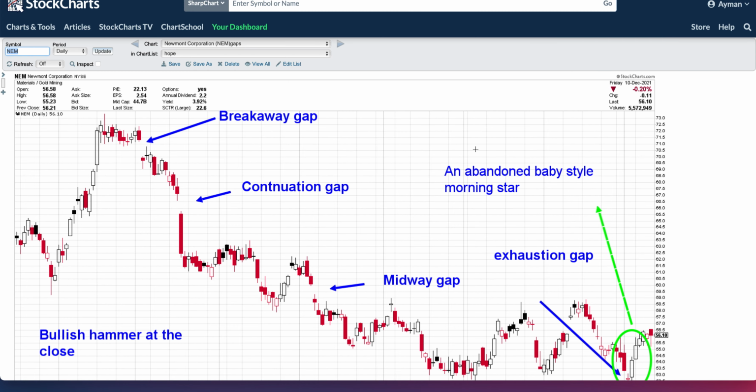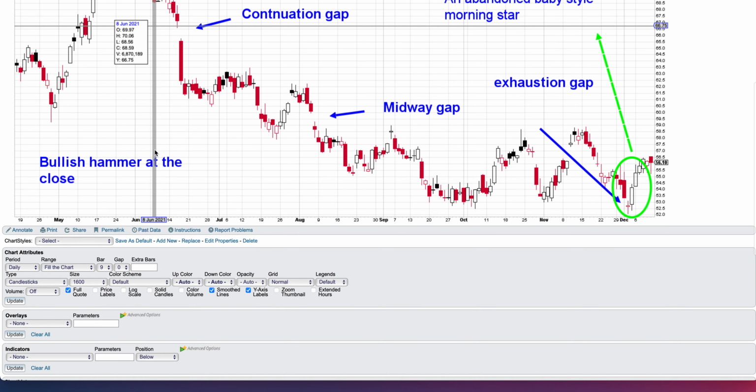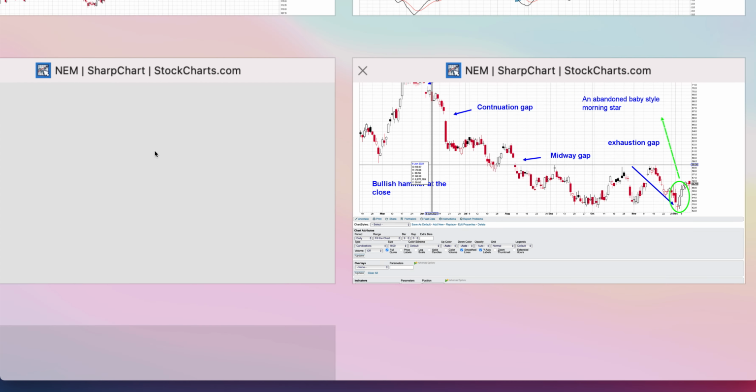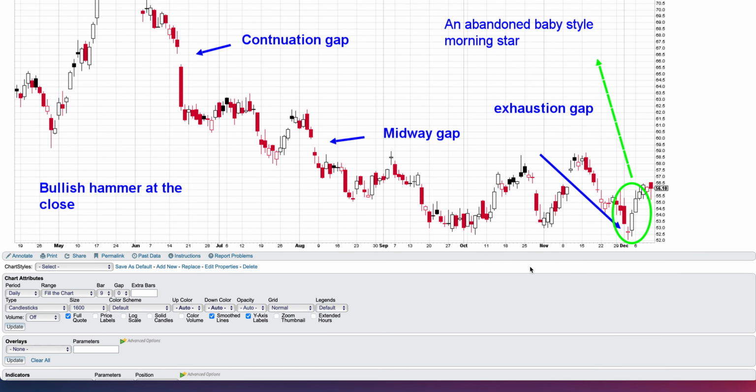Good deal. Another thing, as I discussed on Twitter, for the two people, maybe three people, that are following me: usually they say an Abandoned Baby kind of Morning Star, 78% of the time it makes an absolute bottom.